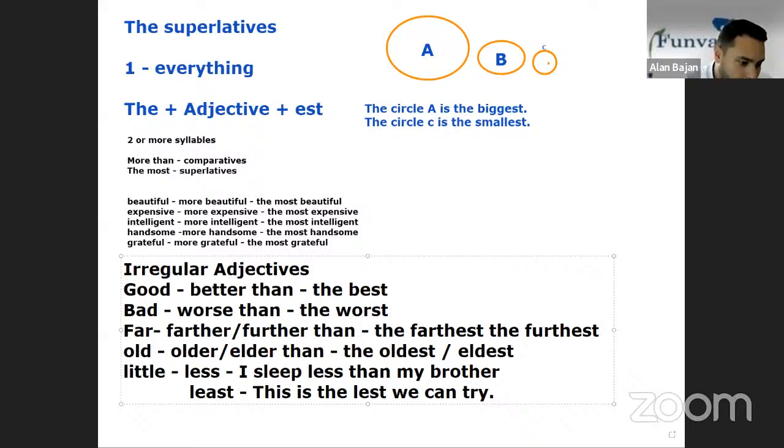Questions? Jerry? Teacher, in the last one, is it less with an A or without? Oh, sorry. Yeah, I'm eating the A. Me estoy comiendo la. Okay, thank you, teacher.